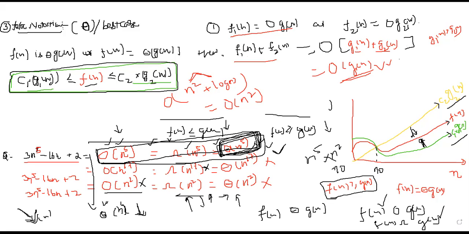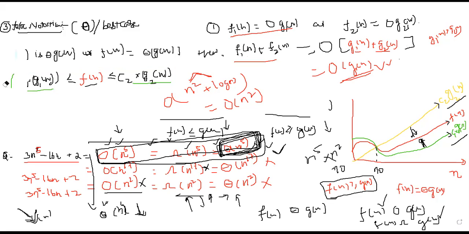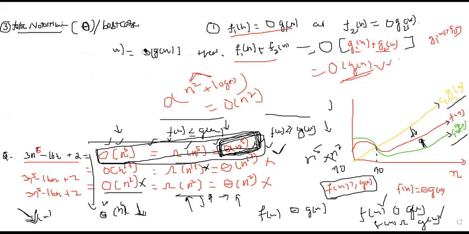Similarly, the second property is called the multiplication property. What does the multiplication property say? Again, if f1(n) is order of g1(n) and f2(n) is order of g2(n), then I can write f1(n) star f2(n), and it will be order of g1(n) times g2(n).